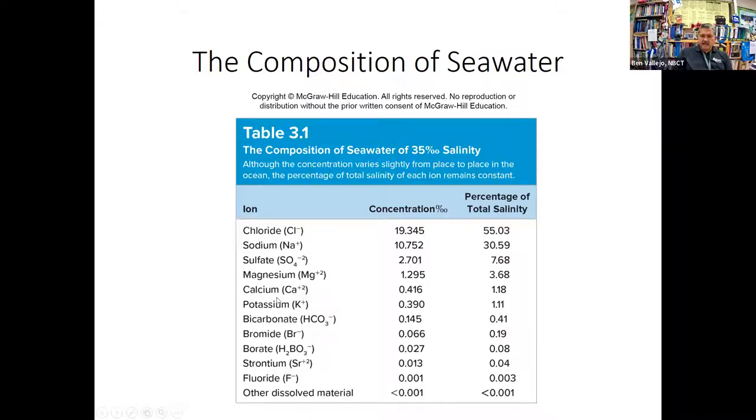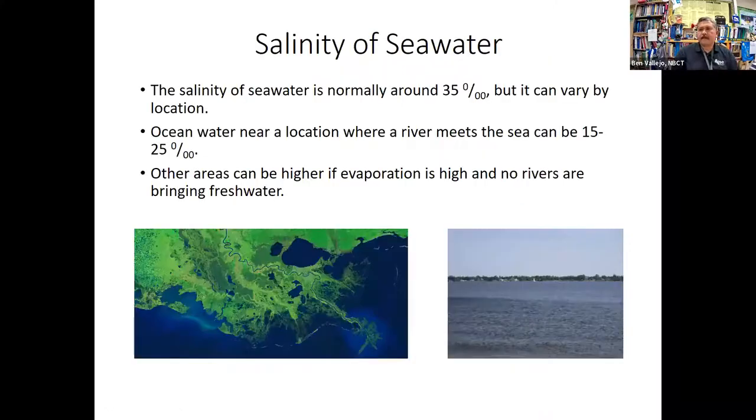And you can see here's a list of the rest of the different minerals, the different chemicals that are also found in seawater at a much lower concentration. So if you add these up right here, it says percentage of total salinity. This is how you get the 85% number there for sodium and chloride.